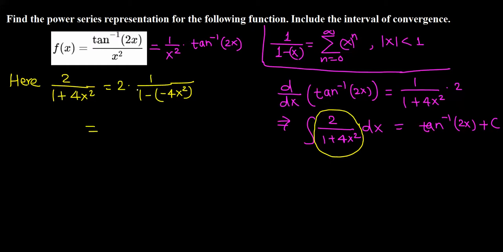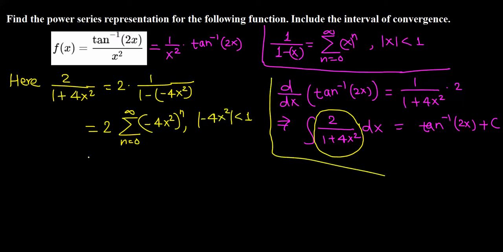Now we have the power series for this using this formula: 2 times the sum from n equals 0 through infinity of the common ratio raised to n. So in our case, negative 4x squared raised to n. And this sum is valid as long as the absolute value of negative 4x squared is less than 1.